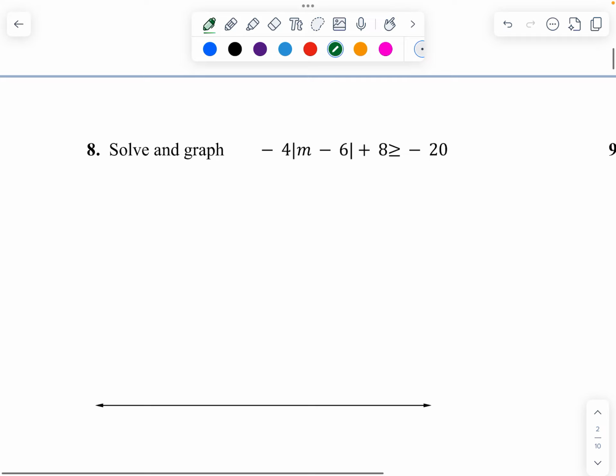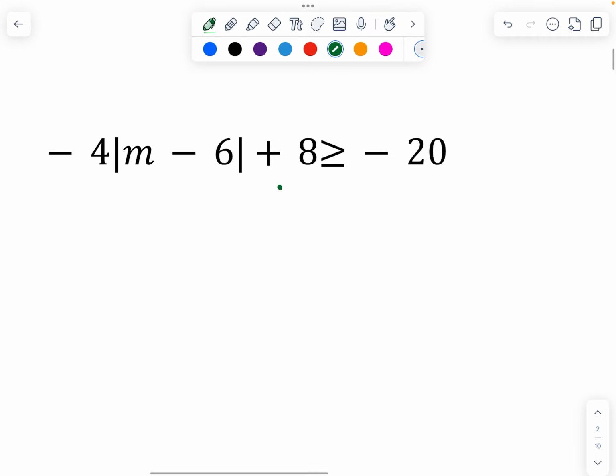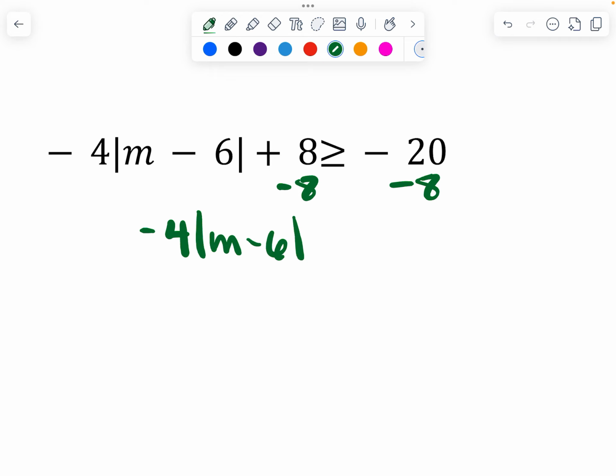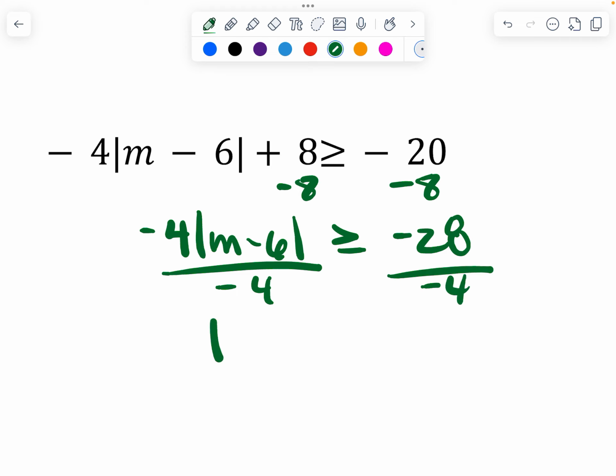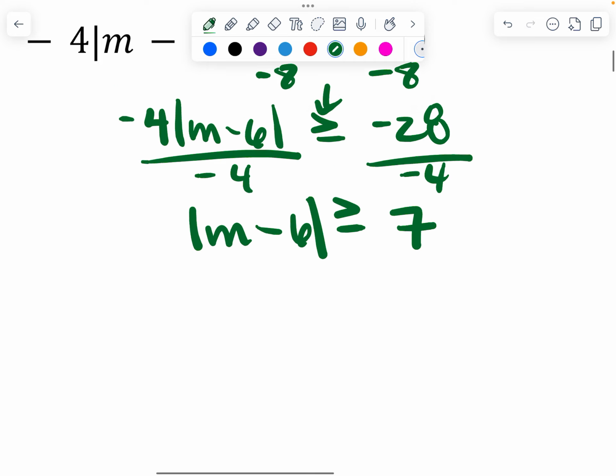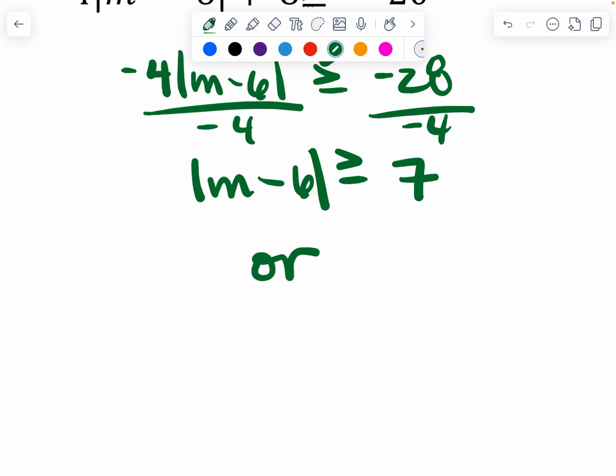Okay, this one. So I subtract 8 from both sides. I get negative 4 absolute value of m minus 6 greater than or equal to negative 28. Divide by negative 4. m minus 6 changes to less than or equal to 7. That's an or statement.